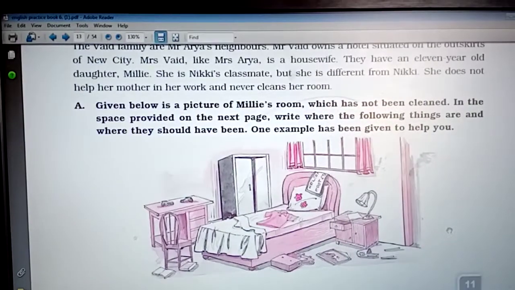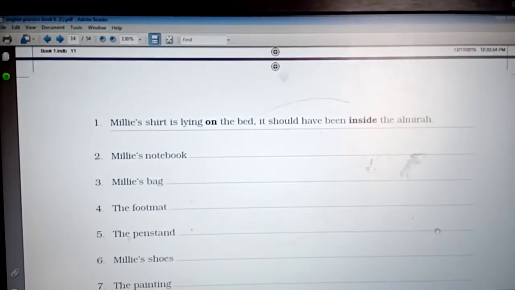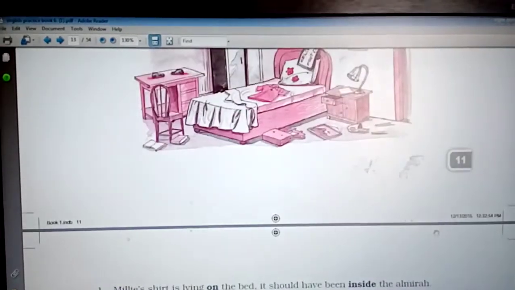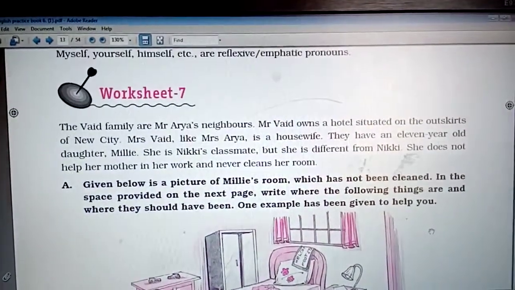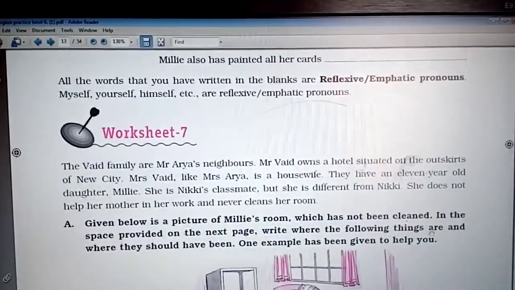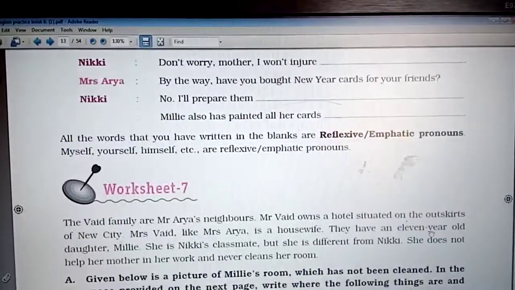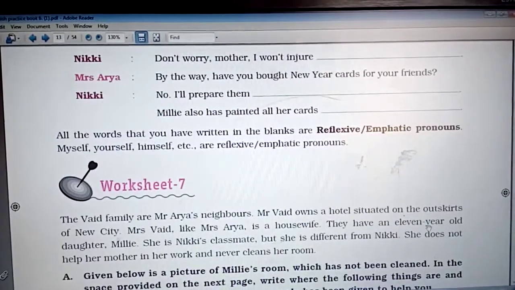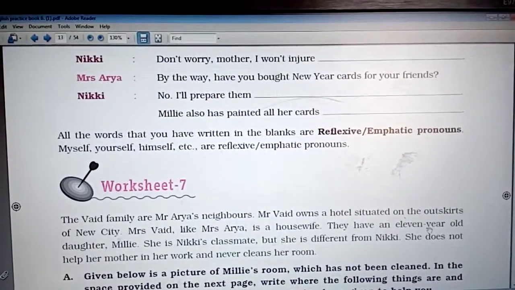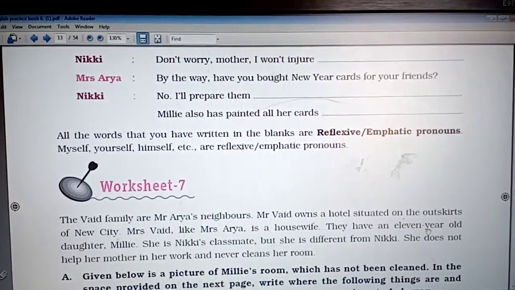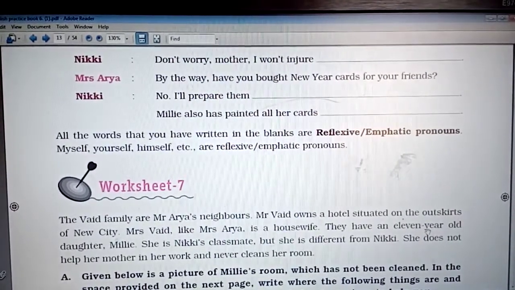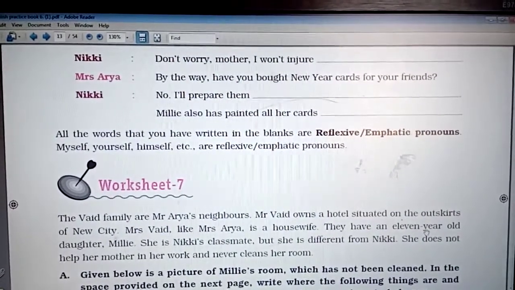In worksheet number 7, you have to use the given information. The Vaid family are Mr. Arya's neighbors. Mr. Vaid owns a hotel situated on the outskirts of New City.